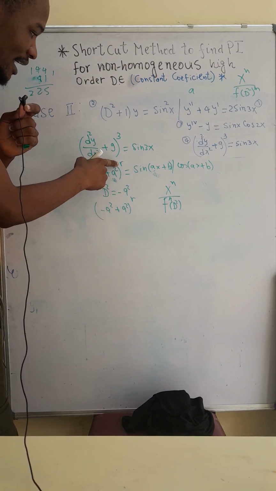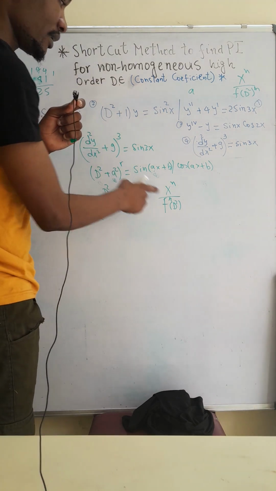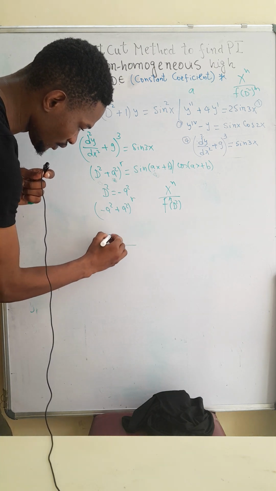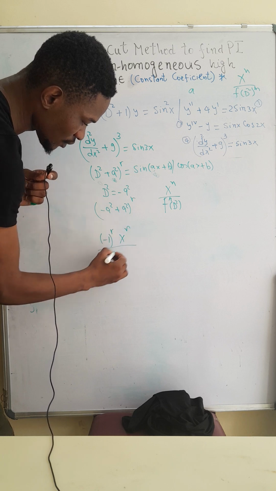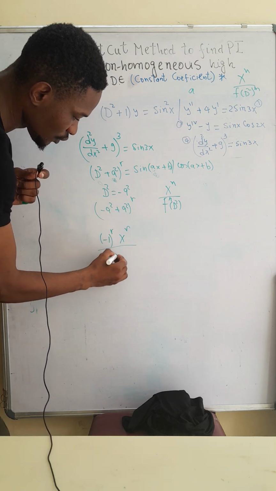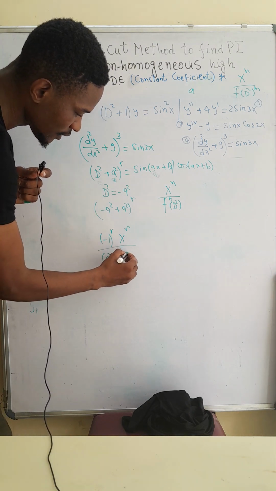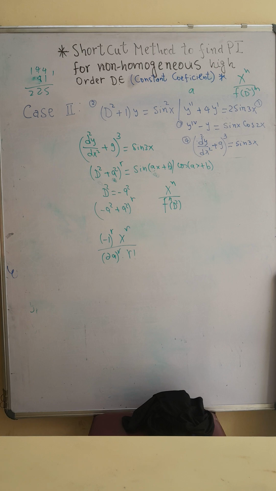It means that here, r, I will have to repeat r times. That's why in the formula we have something like this, okay? I don't know if you remember, minus 1 for the period, like x raised to r, then here we have 2a raised to r times r factorial, okay?